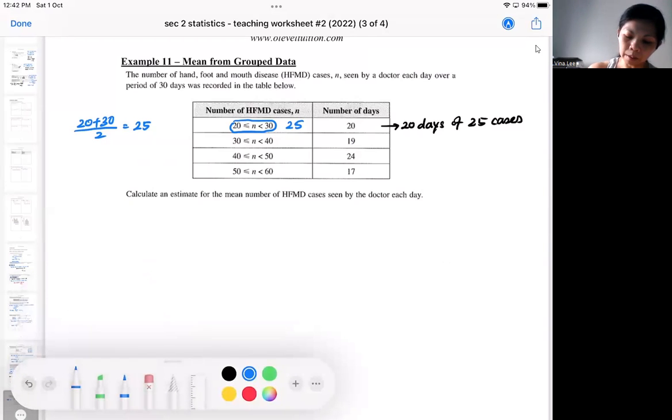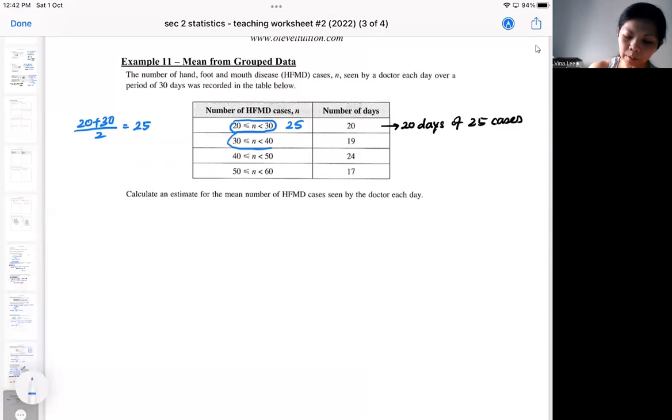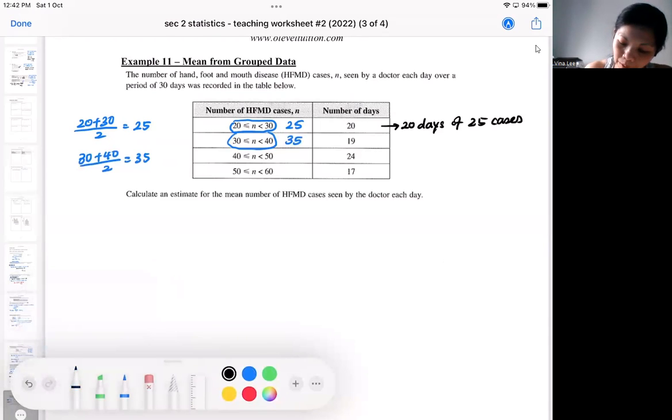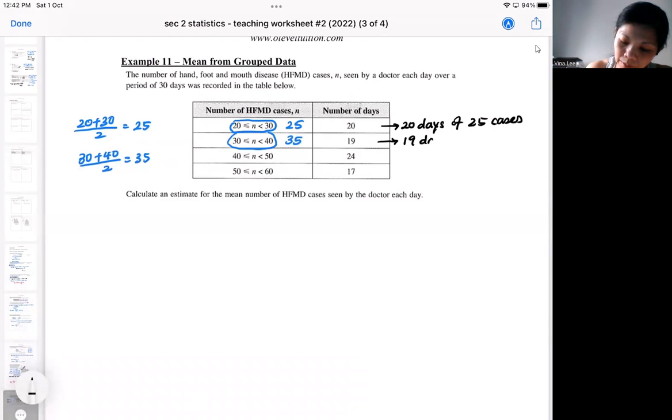So this is data that's not so accurate. I also got 19 days where it is around 30 to 40. Do you know the actual number? In this case, I don't know the actual number. So you assume the mean values. We take the mean values to assume. So my assumption right now will be there are 19 days of 35 cases each.